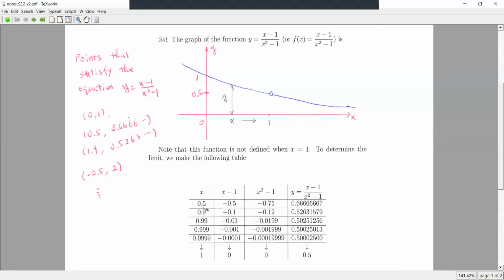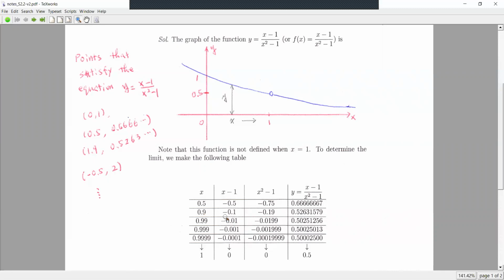When x is 0.5, x minus 1 is 0.5 minus 1. It is negative 0.5. x squared minus 1 is 0.5 squared minus 1. It is negative 0.75. The function value, the value of y, is numerator over denominator. It is this number. When x is 0.9, x minus 1 is 0.9 minus 1.